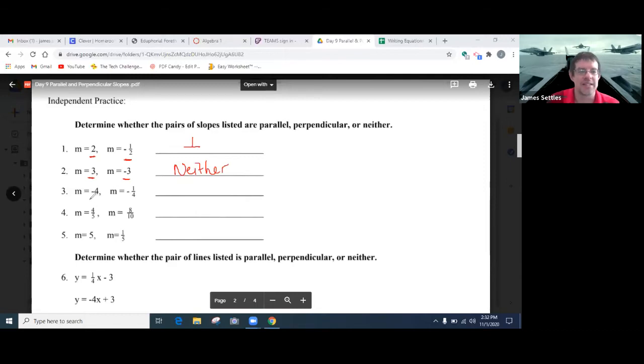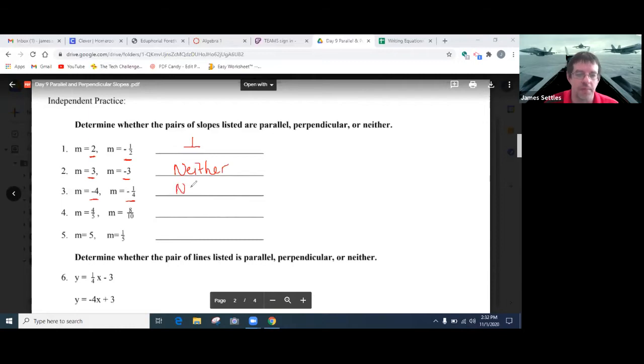All right, so let's take a look at 3. Okay, well, first off, it's not parallel, definitely. And like I said, always take care of what you know. If it's not parallel, then at least make sure that you get rid of that. Okay. Now perpendicular is the tougher thing. So they definitely flip the fraction because 4/1, flip it would be 1/4. But both of these are negative, so they didn't change the sign.